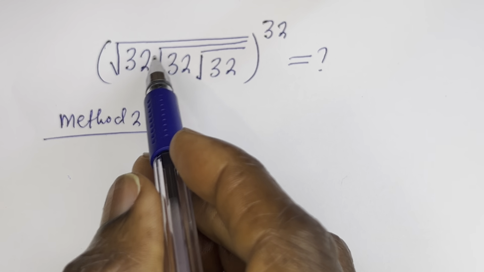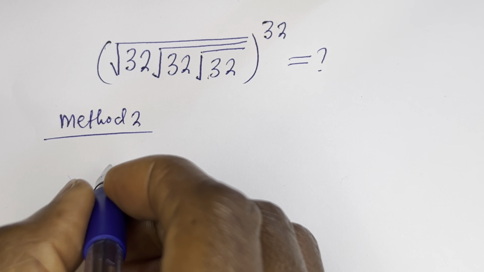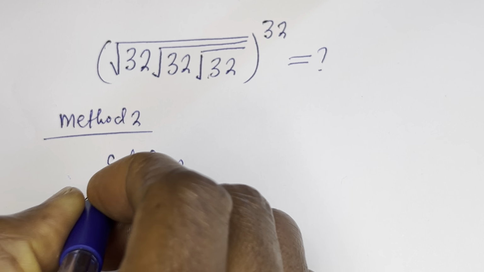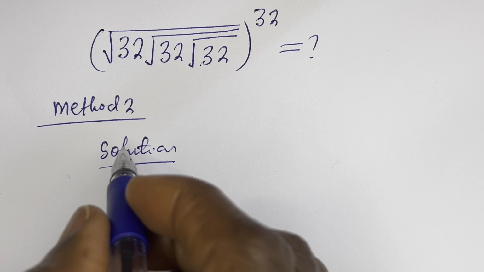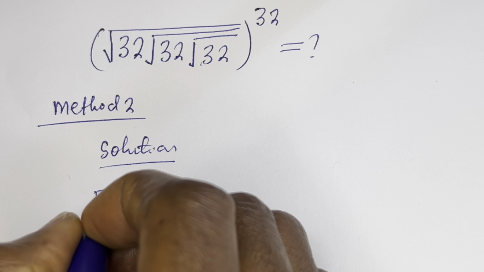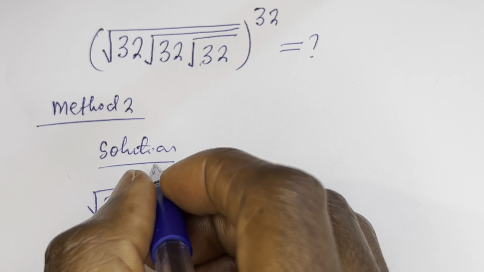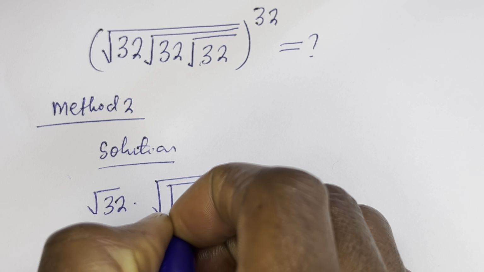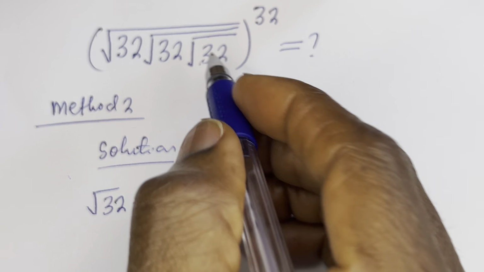We have square root of 32 square root of 32 square root of 32, all to the power of 32. Then solution. We are using the second method. This can be written as square root of 32 multiplied by square root of 32 multiplied by this one.